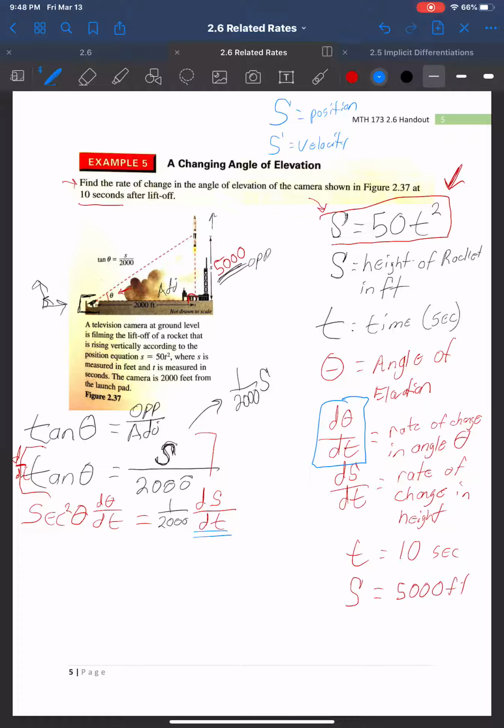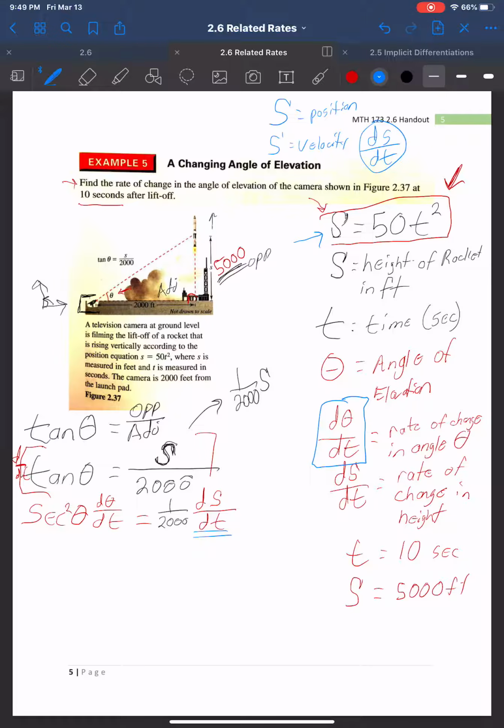Well, s prime is just the derivative of s with respect to time. Position function means that the position of an object has variation over time. And if you take the derivative of a position function, you would have a velocity function whose velocity varies over time. So in other words, ds dt is basically just the velocity. And we know how to find the velocity. All we have to do is take the derivative of s.